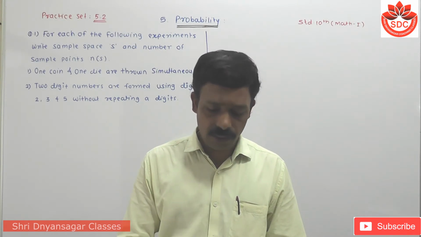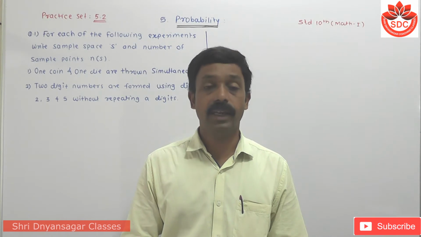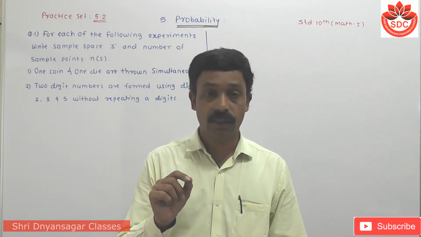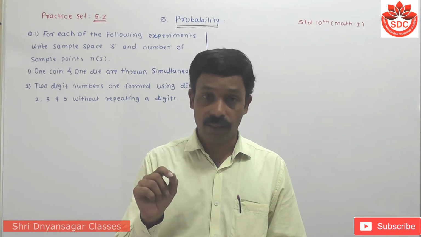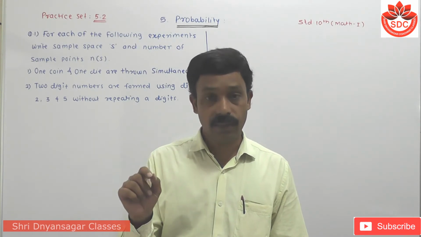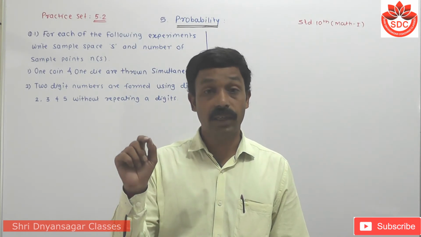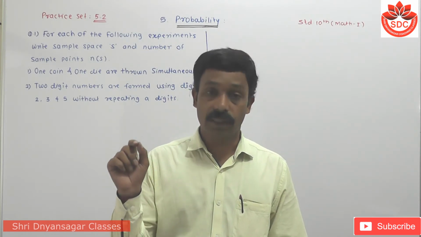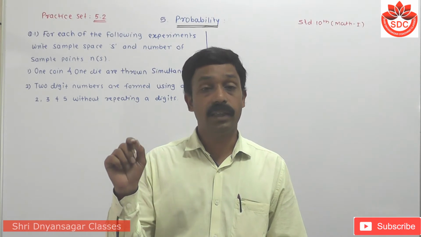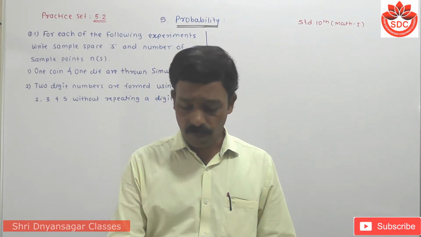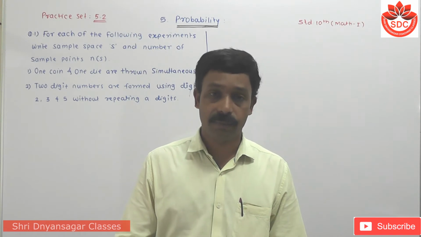The third one is, three coins are tossed. The sample space is HHH, HHT, HTH, THH, HTT, THT, TTH, and the last one TTT. The number of sample points is 8.